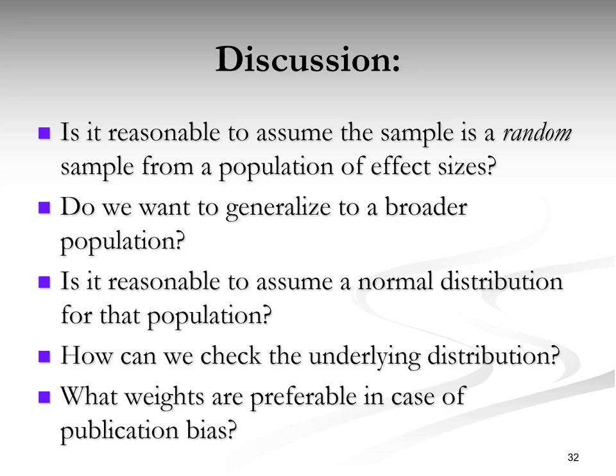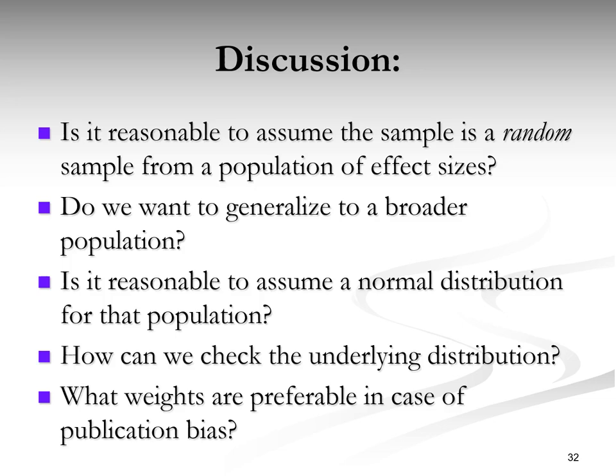And we have seen in the first session that publication bias is especially apparent for small studies. In small studies, there is a lot of variation in effect sizes. So probably only the largest effect sizes for small studies will be published or reported, because only the largest effect sizes will be statistically significant.